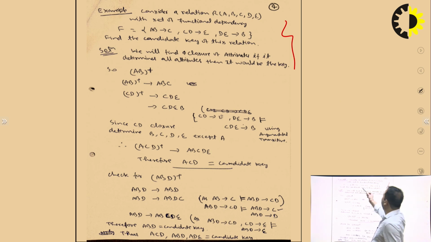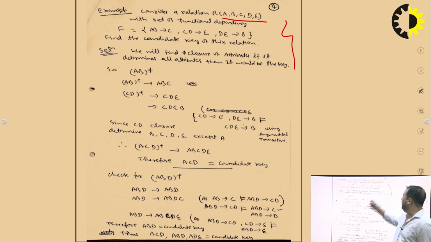Here these are the FDs given. So we will find AB closure, CD closure, and so on, and combinations of those. We have the attributes A, B, C, D, E, so there are 5 attributes. If an attribute or set of attributes determines all those 5 attributes, then it automatically becomes a super key or key.